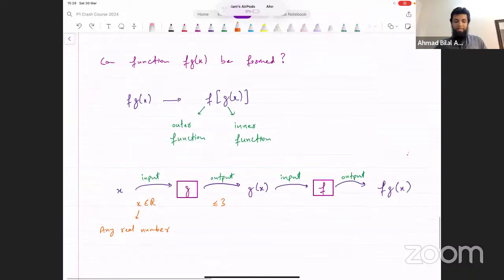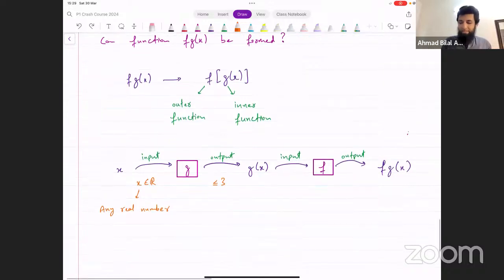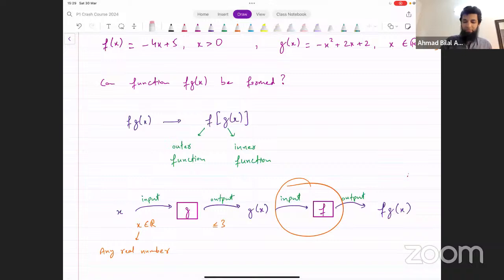Now, what's the next thing that has to happen after this? Okay, so this output that you're getting from the first function is going as an input to the function f.